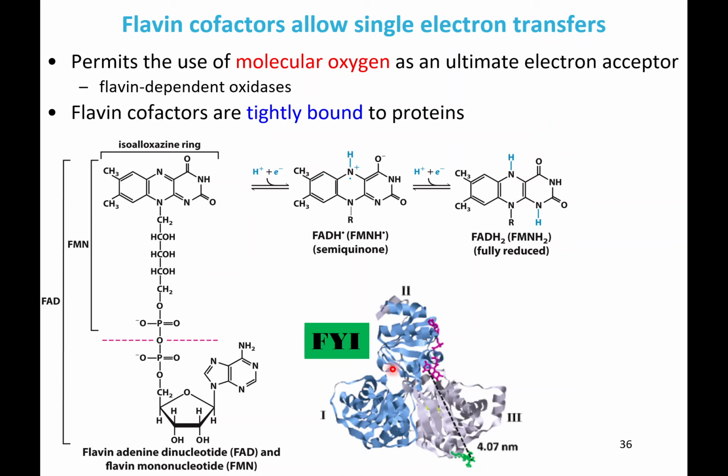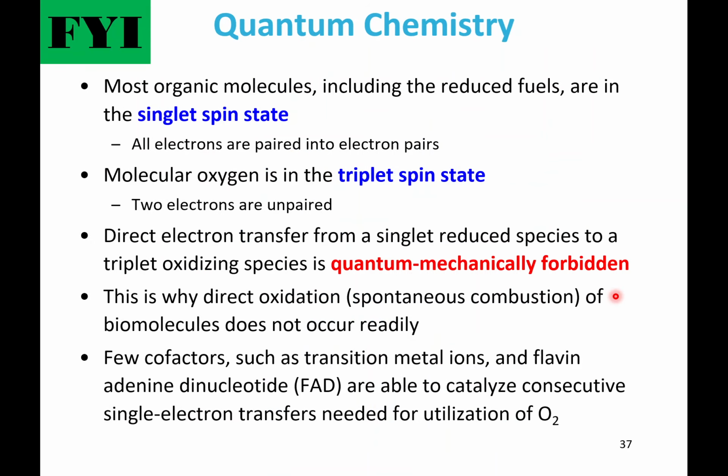And this is just an example of a flavin protein, ETF, which stands for electron transferring flavoprotein. And you can see that the FAD group is right here, and it is very strongly attached to that protein.